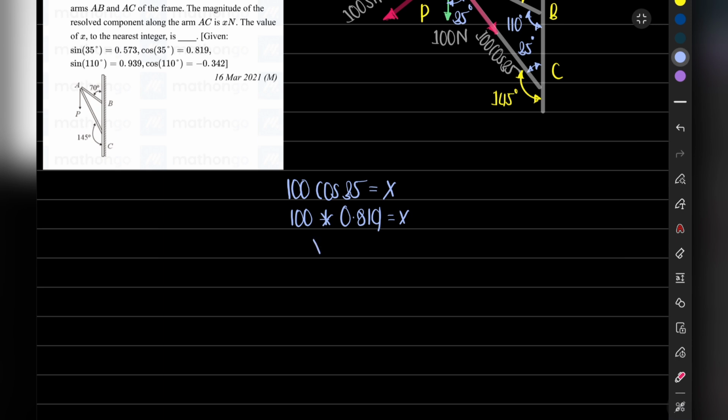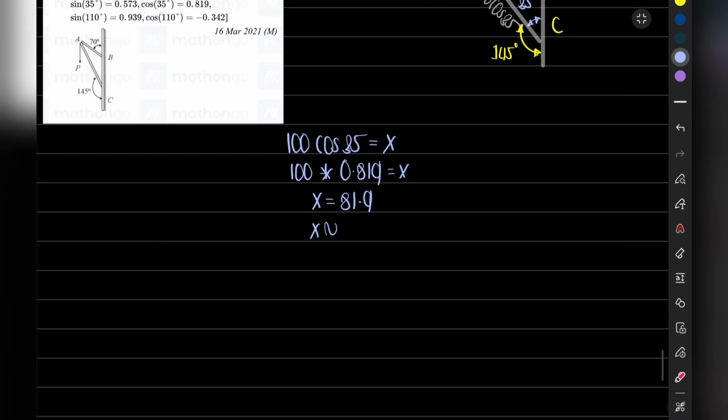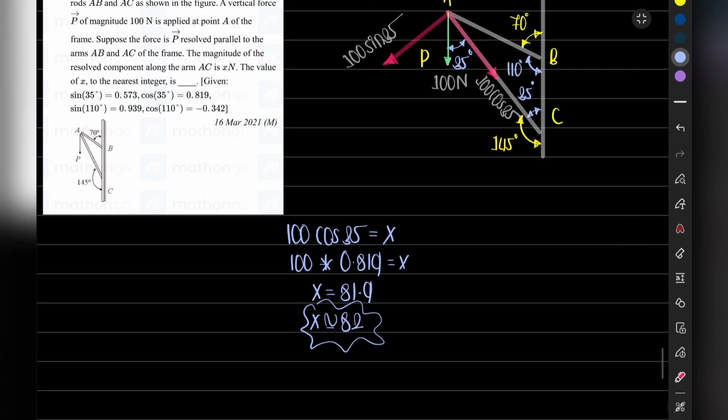So 100 into 0.819 will be 81.9. So x will be approximately equal to 82 Newton. So the value of x will be 82, and that will be the correct answer for which we are looking.